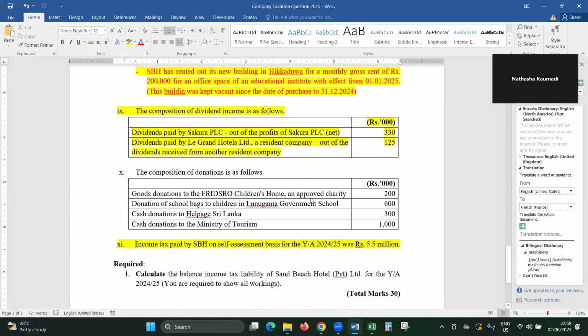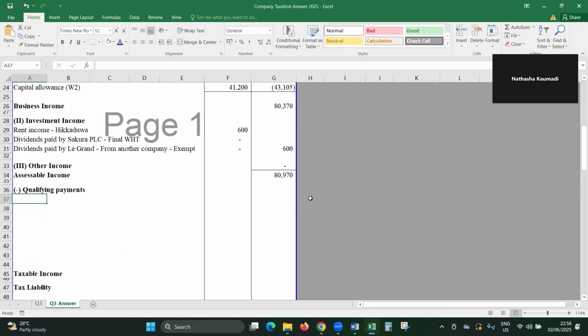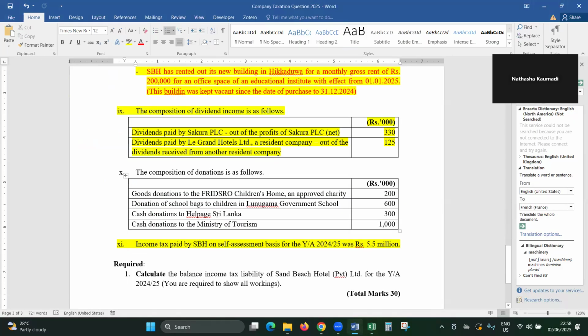Goods donation to an approved charity. What do you think? It's not allowed, because goods donations are not allowed to be deducted. Donations of school bags to children in Lunugama Government School: it's a government-related institute, so even though it is school bags, it is okay. 100% you can claim.